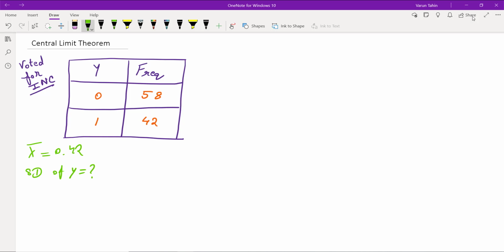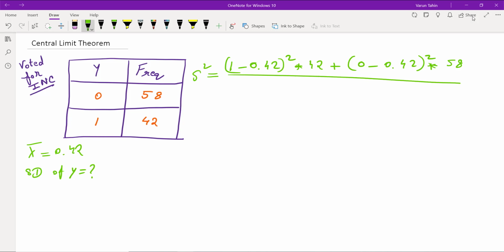Hence the sample variance will become S square equals 1 minus 0.42 square into 42 plus 0 minus 0.42 square into 58 divided by n minus 1, which is 100 minus 1. So this will be 24.36 by 99, which is 0.24606. So this is S square.